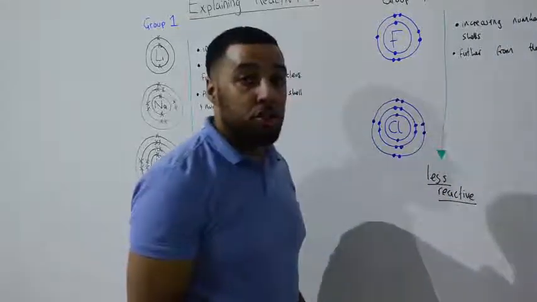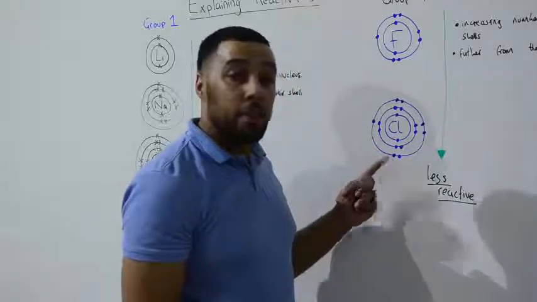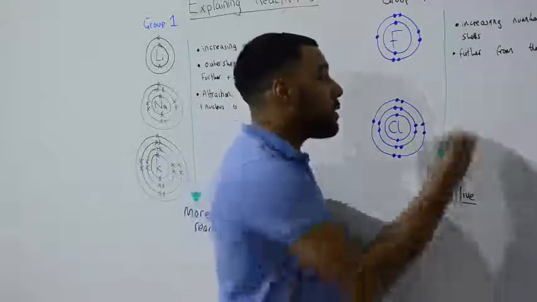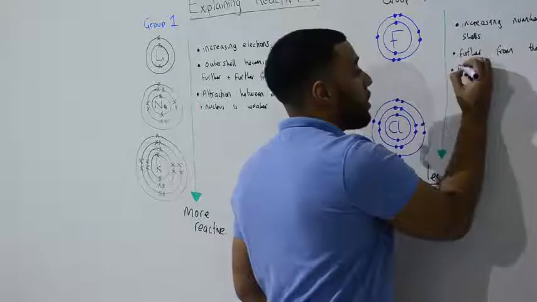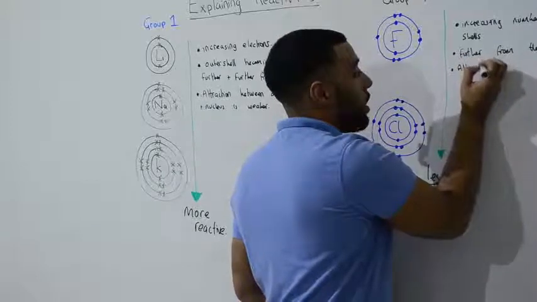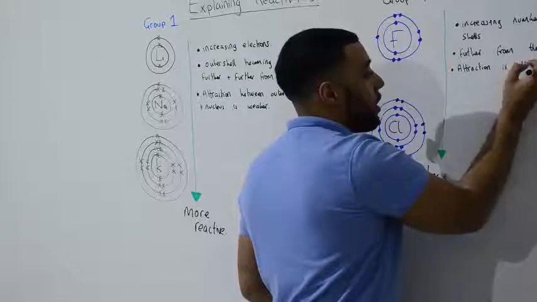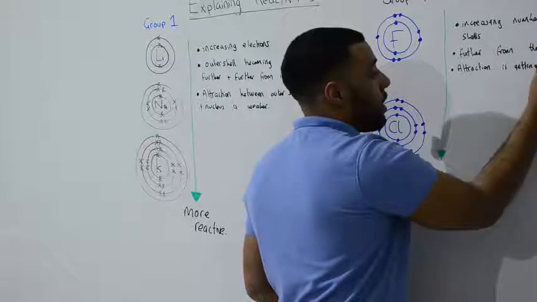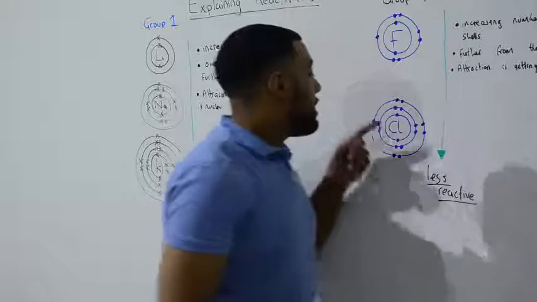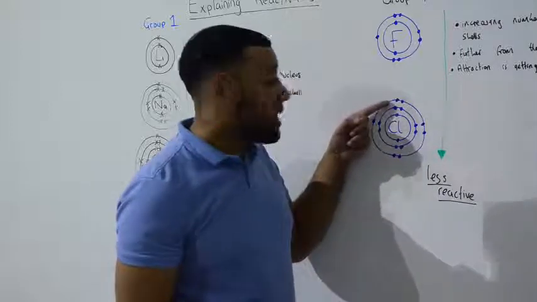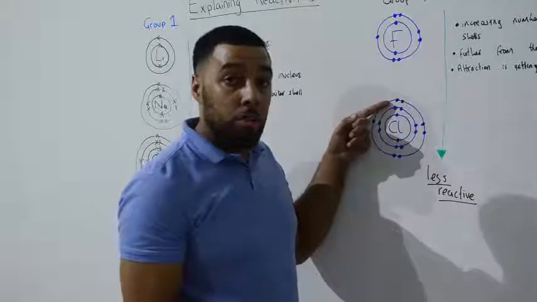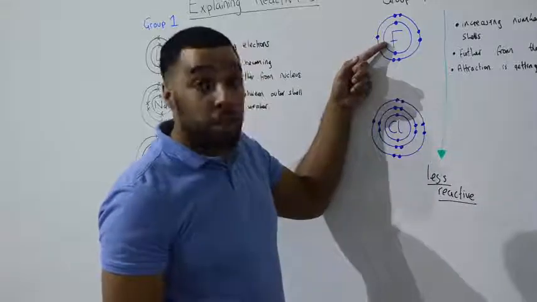And this means that the attraction between the nucleus and the outer shell is getting weaker. This means it's harder for chlorine to accept an electron compared to fluorine.